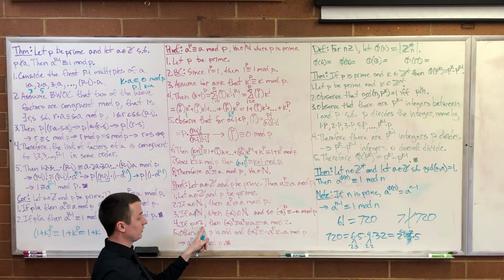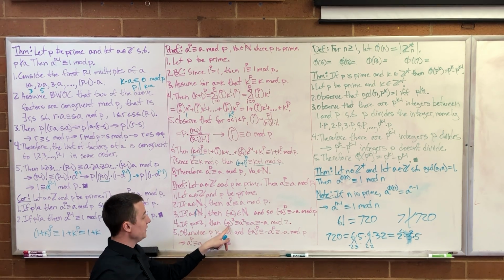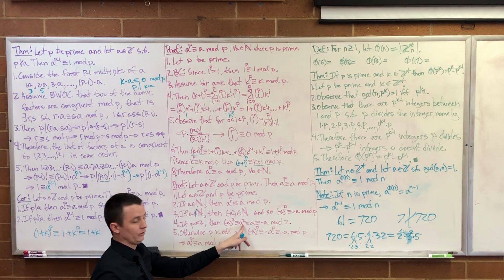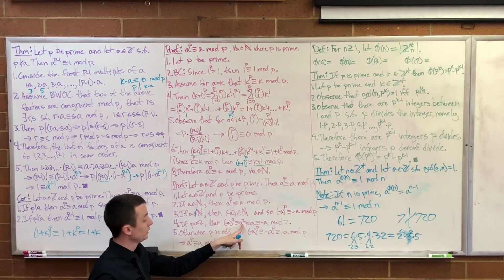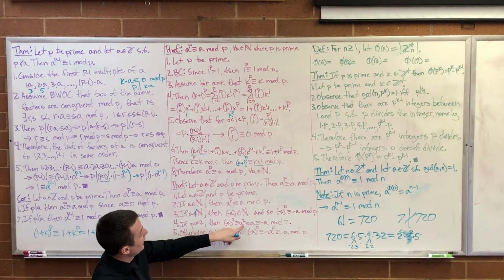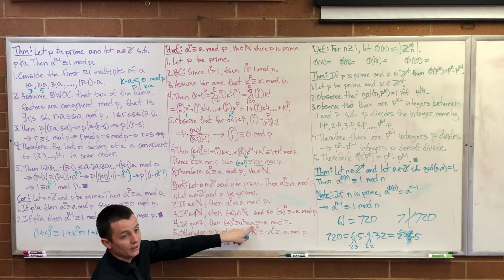So if p is 2, then (-a)^2 is the same thing as a^2, right? And then a^2 is congruent to a. How do I know that? Is it because you mod by 2?